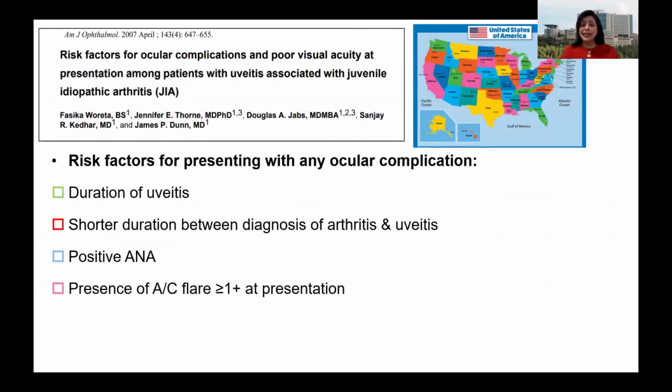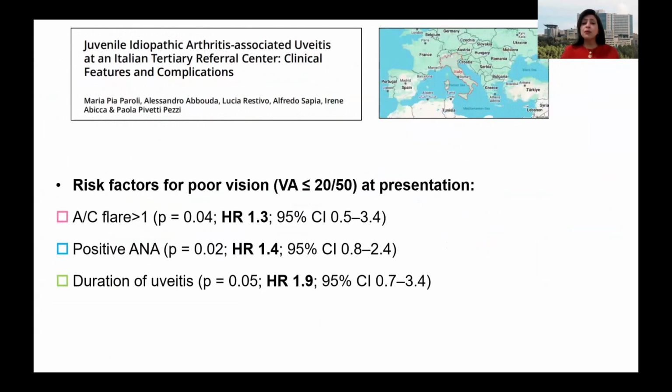The risk factors for presenting with any ocular complication include the duration of the uveitis, the shorter duration between the diagnosis of uveitis and arthritis, ANA positivity, and the presence of AC flare of +1 or more at presentation. And actually, these same risk factors are risk factors for having poor vision at presentation, for having a visual acuity of 20/50 or less.